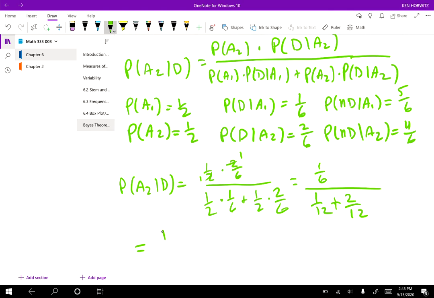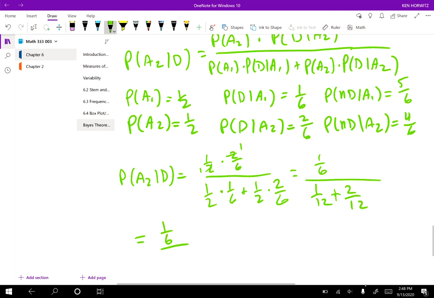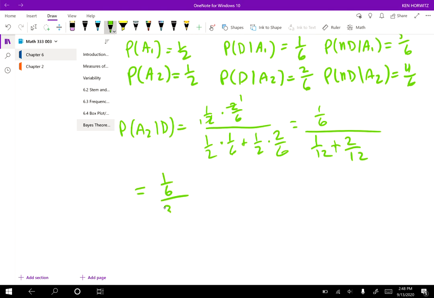So this is 1/6 divided by 3/12. Or I could say 1/6 times 12/3. And if I cancel, I wind up with 2/3.